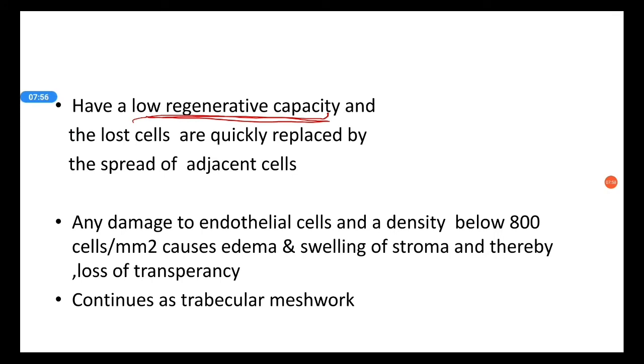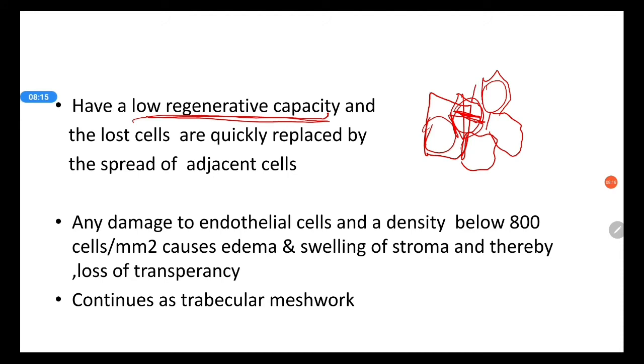Here the adjacent endothelium enlarges its size. So if these are the endothelial cells, we have to draw them hexagonally. And let's say if this endothelial cell is getting damaged, these adjacent cells enlarge their size and fill up the gap.